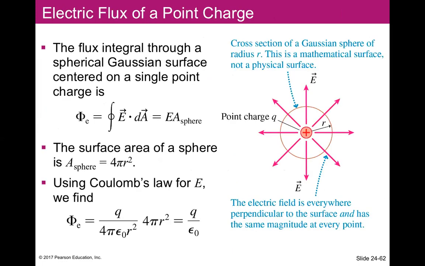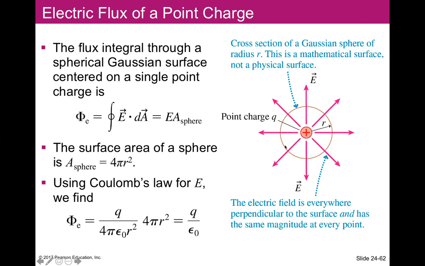And here is one example of calculating the flux for a point charge. In order to use Gauss law to solve the problems, what we need to do is select or draw a Gaussian surface, and this surface usually needs to have a specific symmetry.